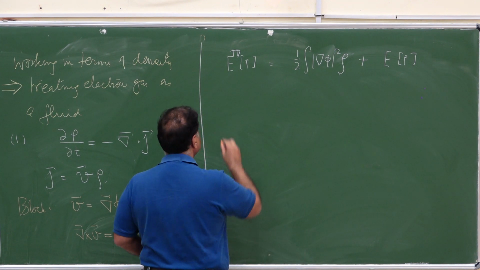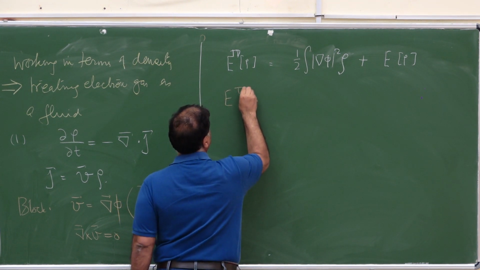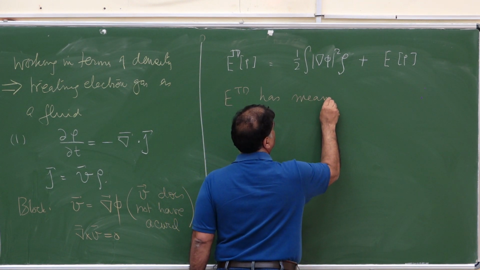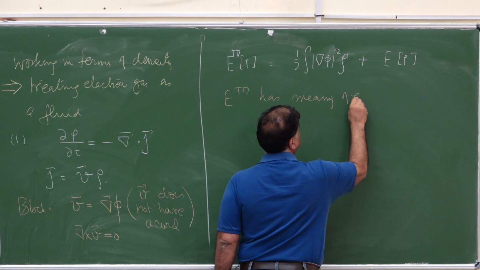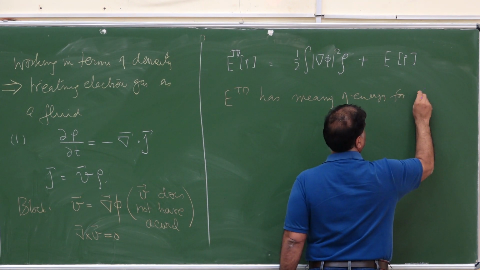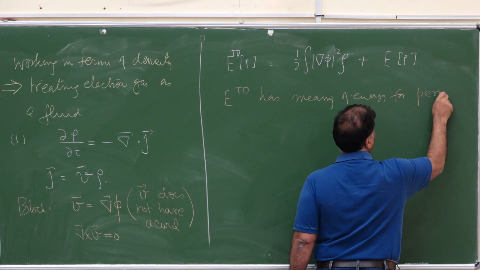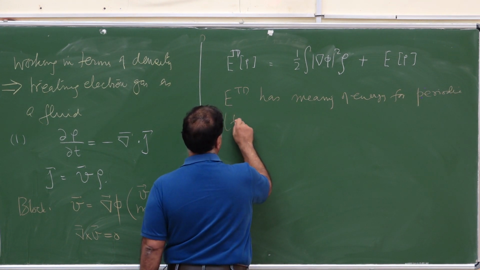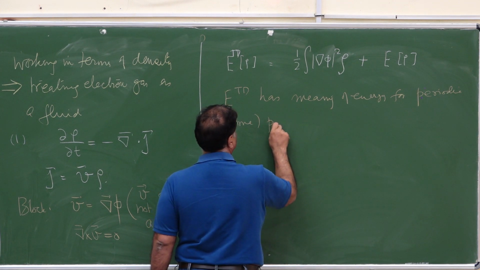Now, E TD has meaning of energy for periodic in time potentials.